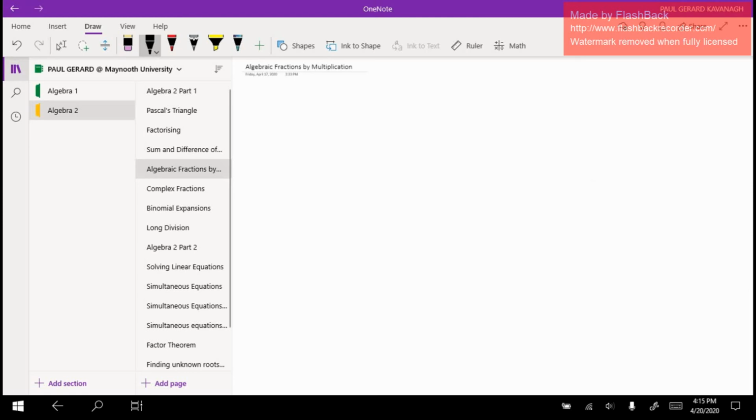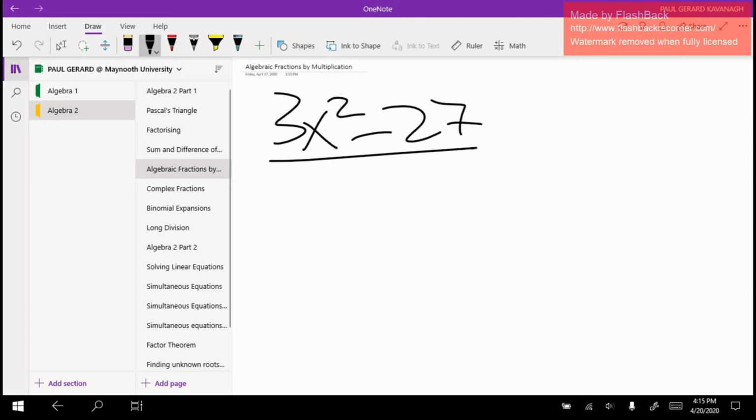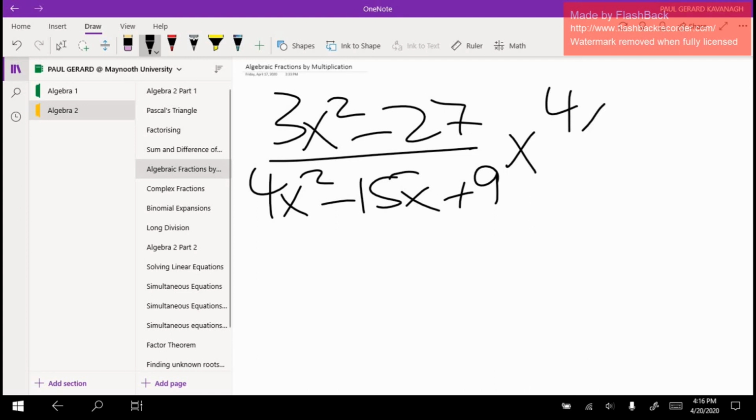So let's take an example here: (x squared minus 27) all over (x squared minus 9) divided by (x minus 3) all over (x squared plus 3x).